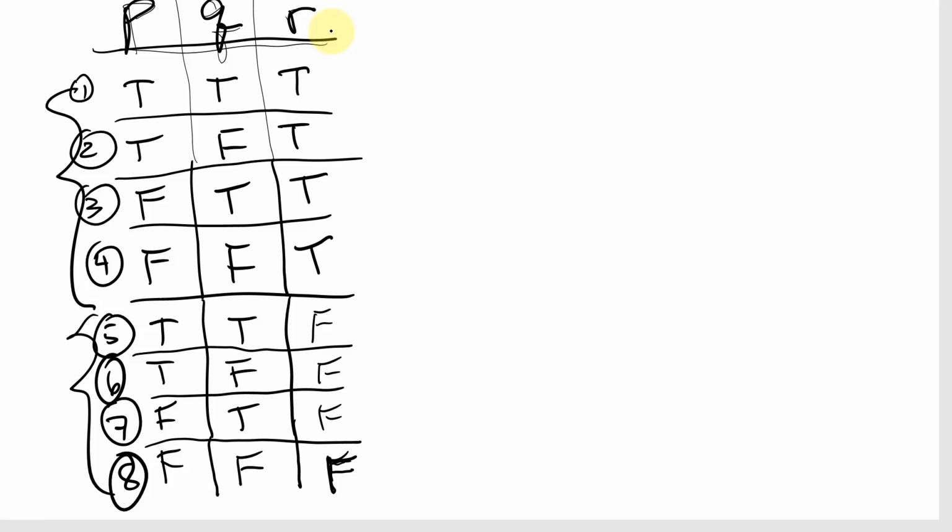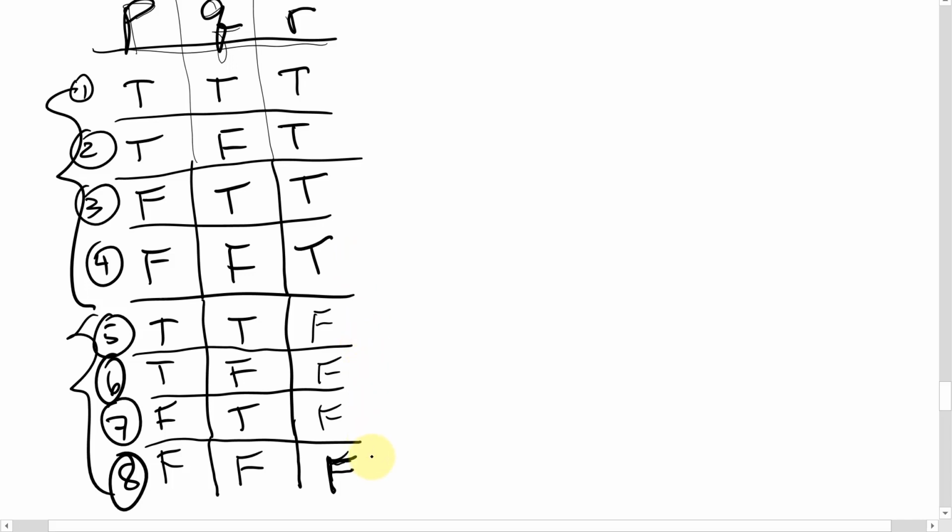Now, it doesn't really matter what order you put the 8 cases in if you're doing the truth table, because you just need to have all cases there. Another common thing that people do is repeat true 4 times, and then false 4 times.